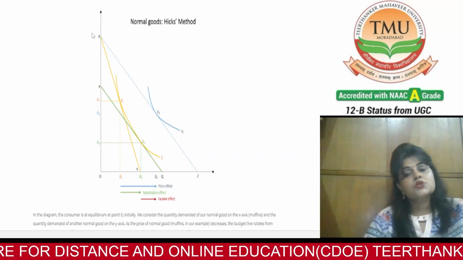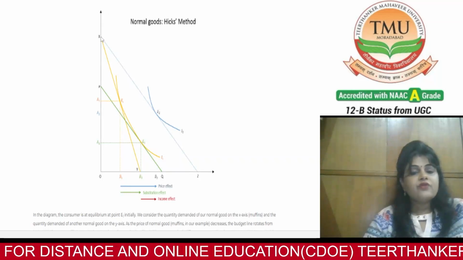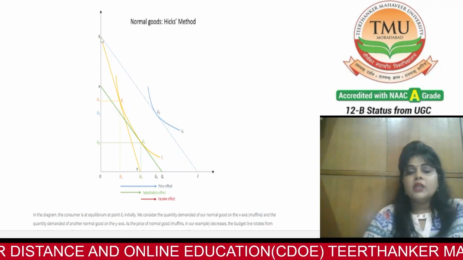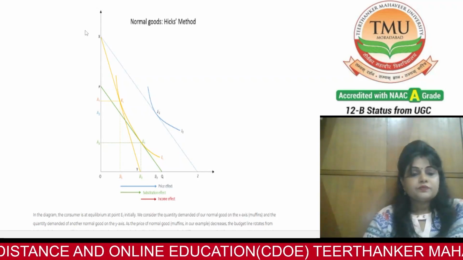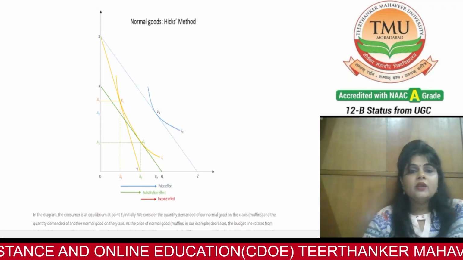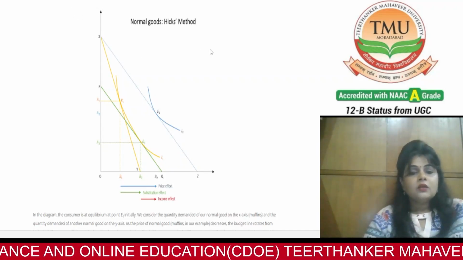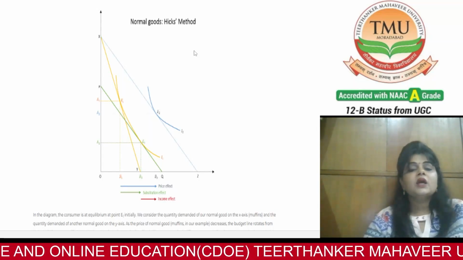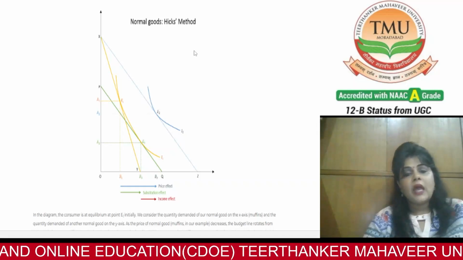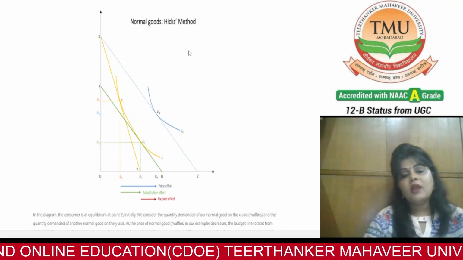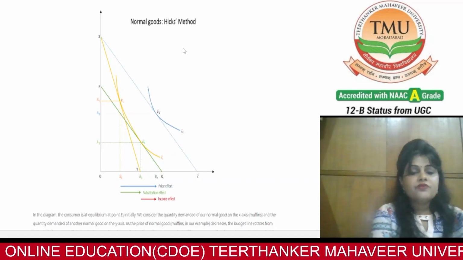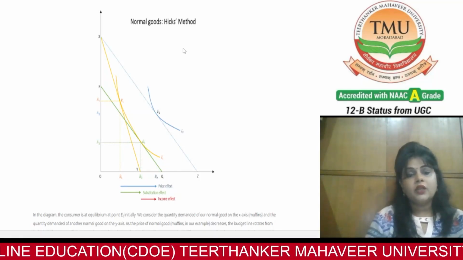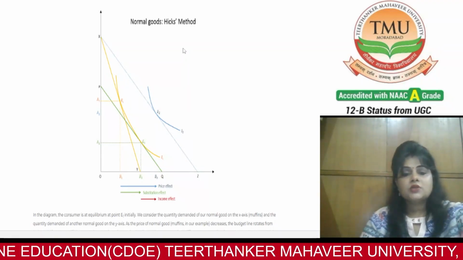The budget line needs to be shifted leftward in order to return the consumer to the original indifference curve. Here, the new budget line must be tangent to the original indifference curve. Hence, the income effect is eliminated by reducing the income level through a leftward shift in the budget line. As a result, the visible change in quantity demanded is due to the substitution effect.